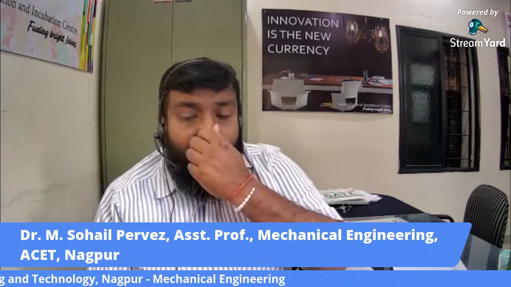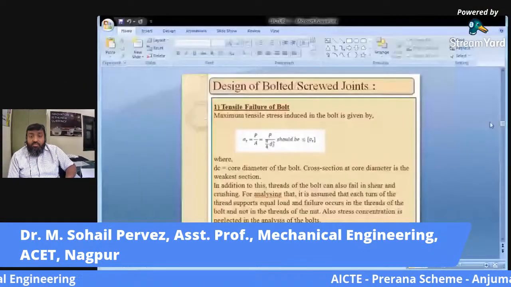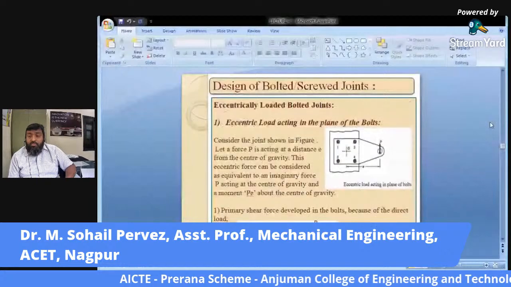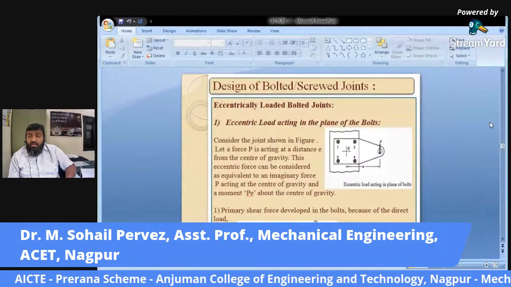I'm again sharing the screen. So this is the application window. Please concentrate, because that part would be repeatedly asked, as there are a number of numericals on this issue.